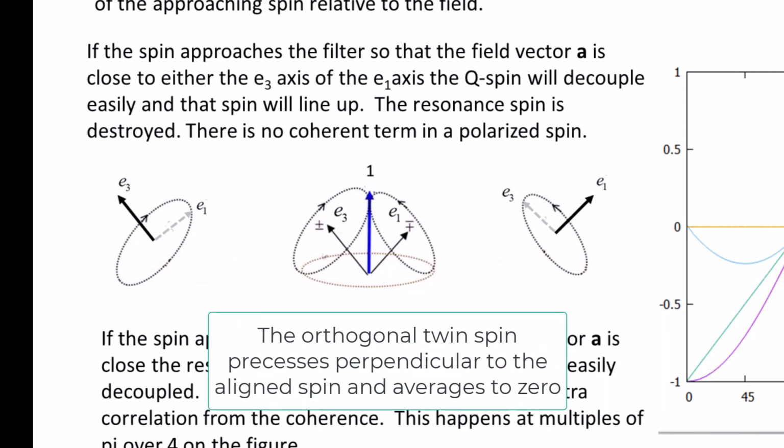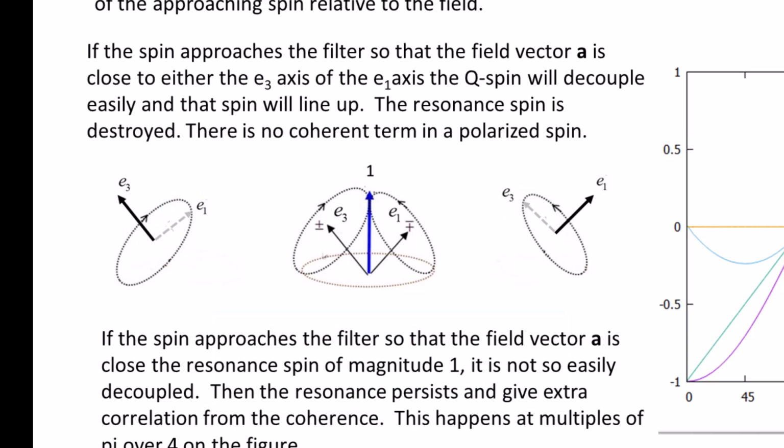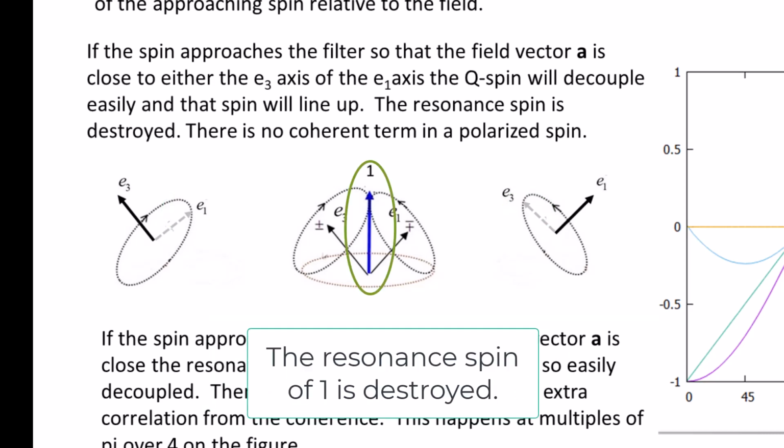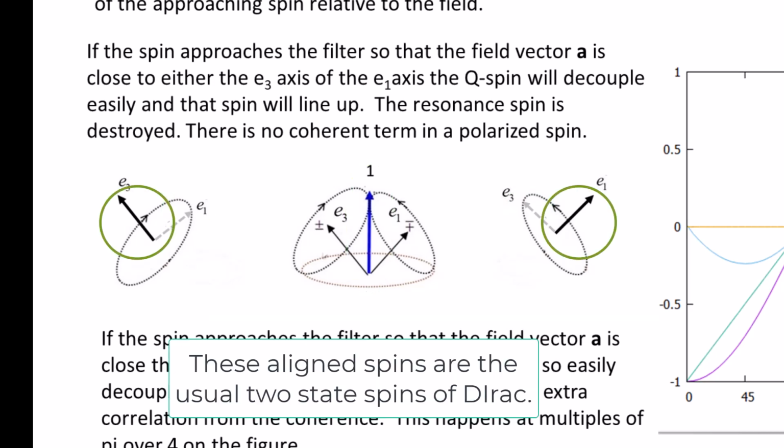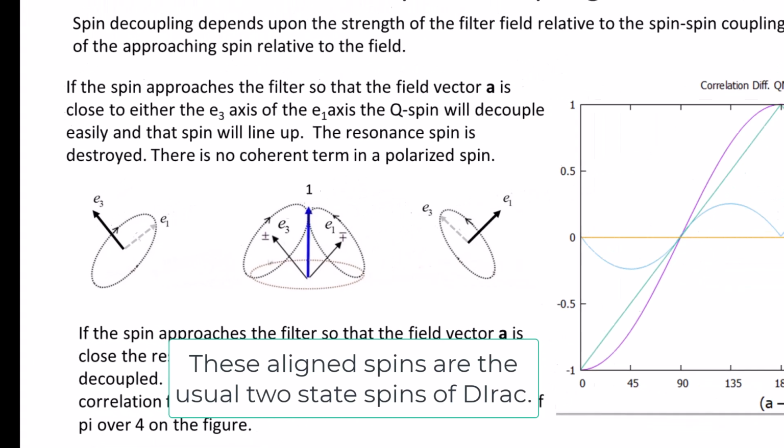Its partner spins perpendicular and is so averaged to 0. In these cases, the resonance spin is destroyed. There is no coherent term in the polarized spin. It becomes polarized into the two-state spin we measure, and that is the usual Dirac spin.